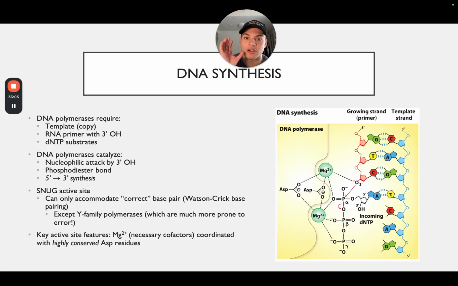What can fit in are the correct base pairs, what cannot are the non-correct ones, and that's where DNA repair mechanisms come in. And the key active site feature is that magnesium is a necessary cofactor coordinated with a highly conserved aspartate residue, which forms this, and I use this vocab term, bidentate interaction with the aspartate residues, with the carboxylate anion here.